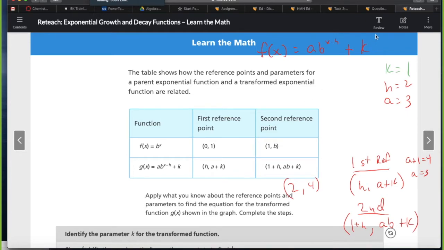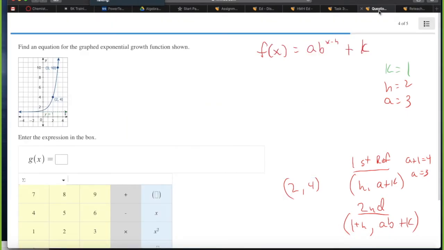All right, so let's go back to our problem. So 1 plus h, we have h is 2, so that one should be 3. That's our second reference point, so we're good to go.